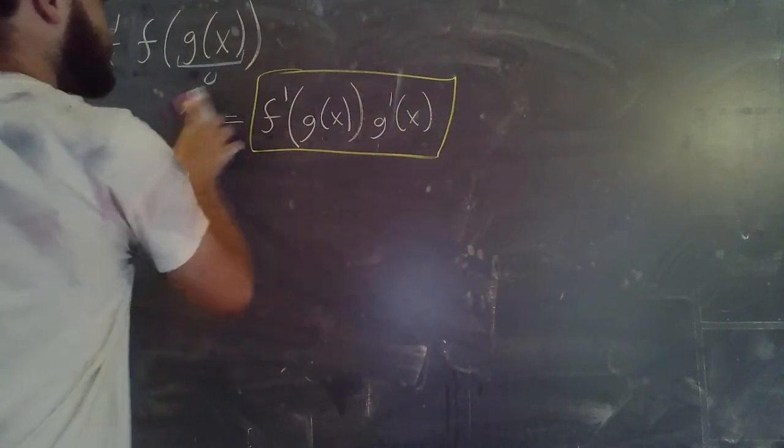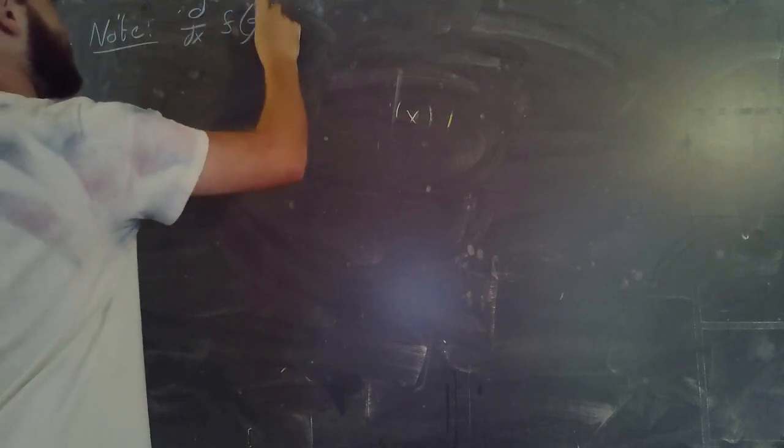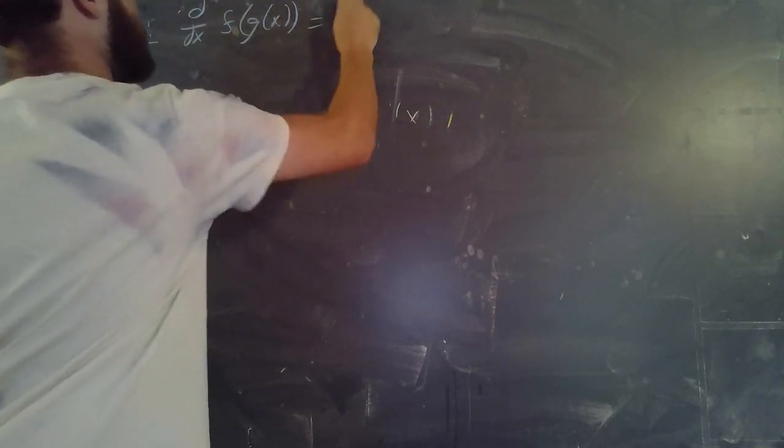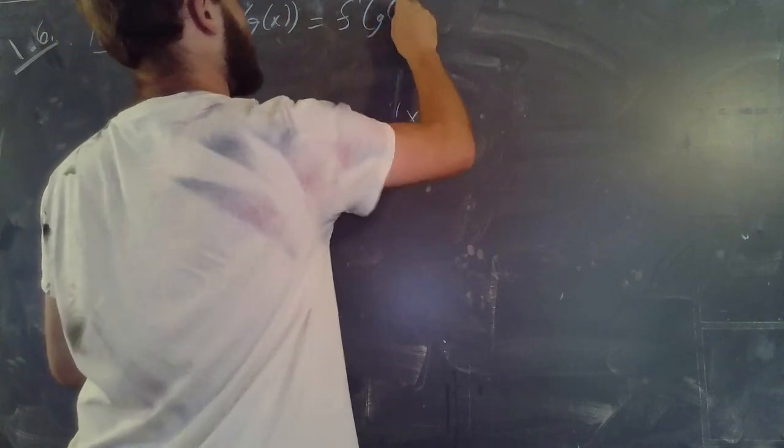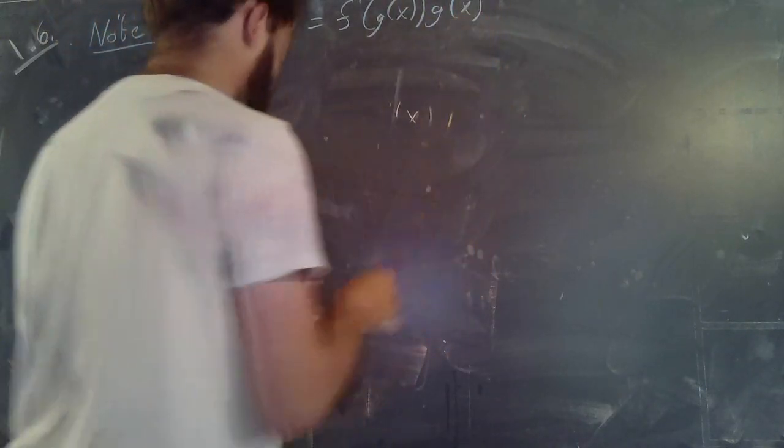So I want to show you this tabular method very quickly, and I'm going to write down a note here, which is that the derivative of f of g of x is just f prime composed with g of x times g prime of x.